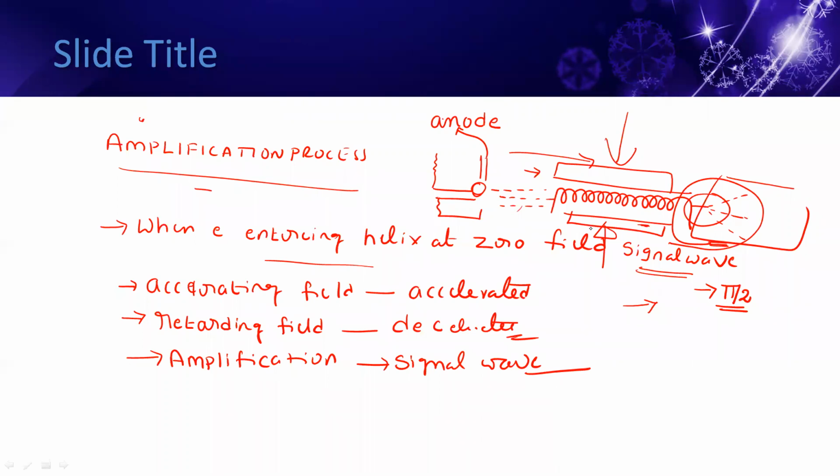These two focusing magnets produce an axial magnetic field.